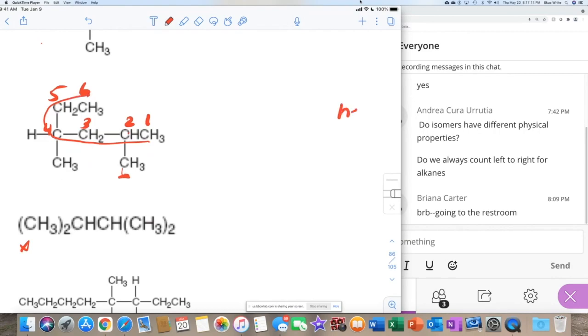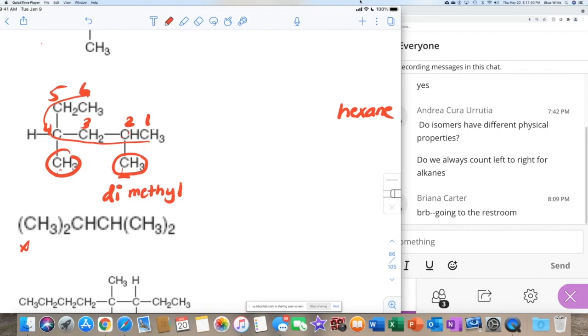So that will be hexane, 6 carbons. Then I have two side groups, one here, and one here. This side group is on carbon 2. It's called methyl because it's only one carbon. This is also called methyl. So they're both called methyl. Let me just combine the names. Two methyls are dimethyl.